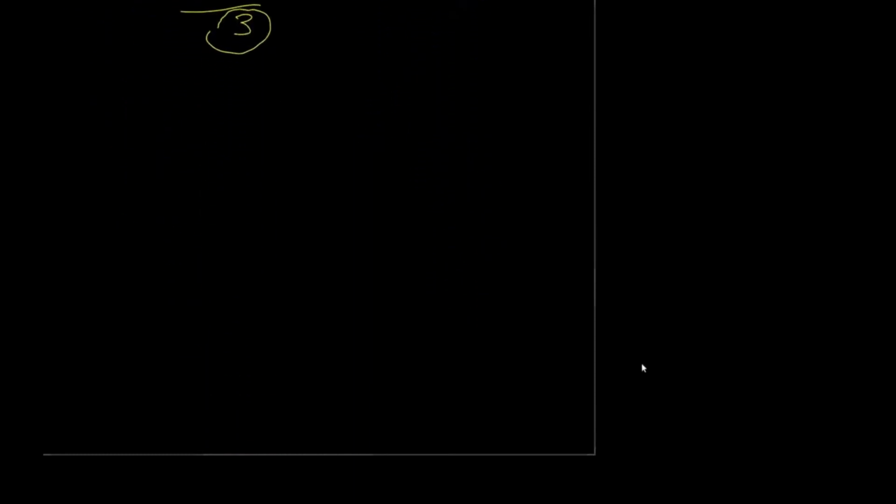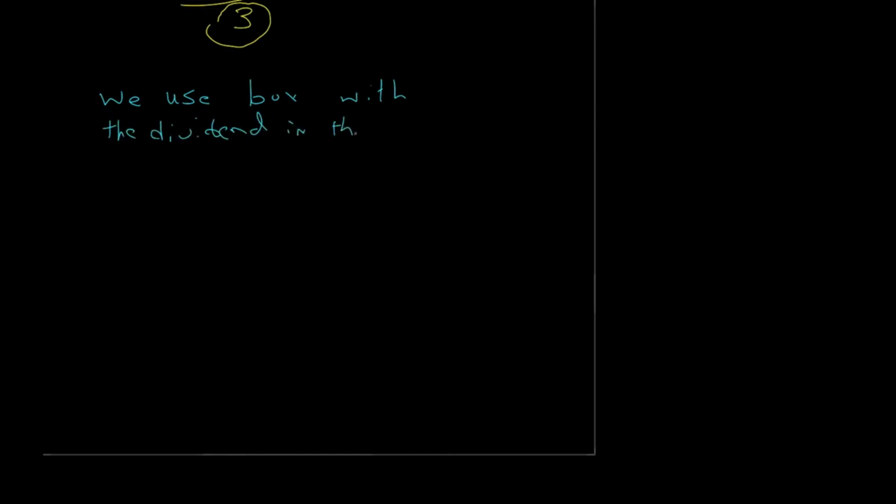And so the algorithm that we can take from this is that we use a box with the dividend in the box. And the divisor outside of the box.